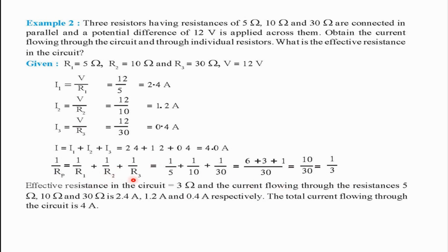You have to do this calculation very carefully. There is a lot of chance you make mistakes. So always remember it is 1 upon Rp. The total current flowing through the circuit will be 4 ampere.